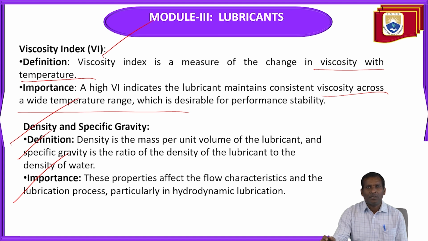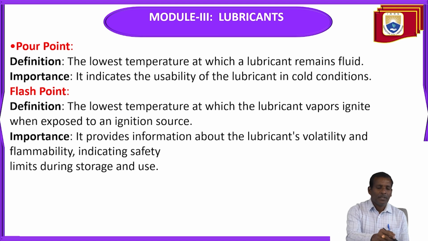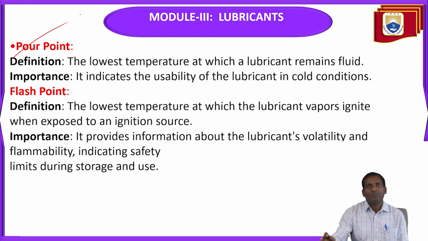Next property is pour point: the lowest temperature at which a lubricant remains fluid is called the pour point. The importance is that it indicates the usability of the lubricant in cold conditions.